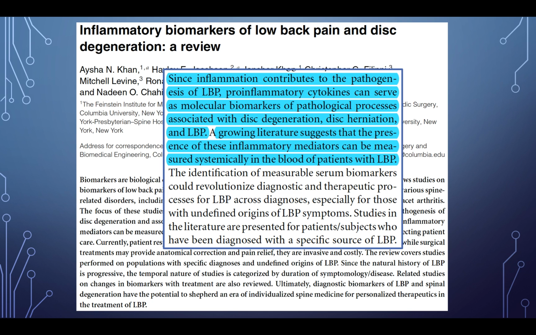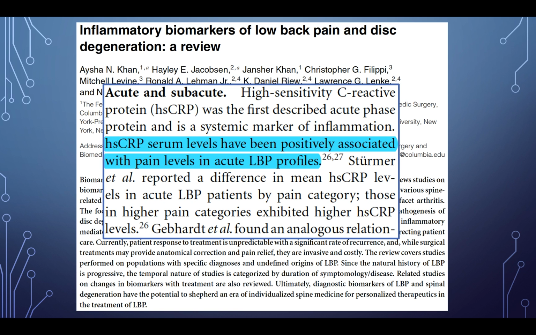Some studies showed that they were, some studies showed that they weren't. In the acute phase, you're going to see some elevated inflammatory cytokines and interleukins. In the chronic phase, some were elevated, some were not. So it just depends on your scope of practice. If you want to run blood work on patients to see which biomarkers are elevated, which aren't, that's fine. Just make sure that you're practicing within scope.